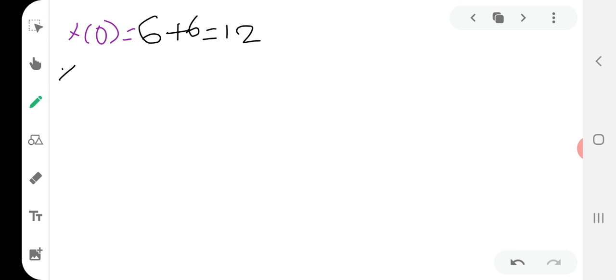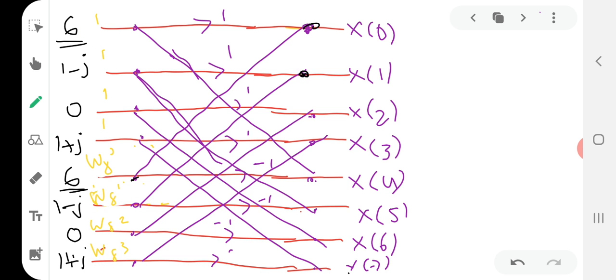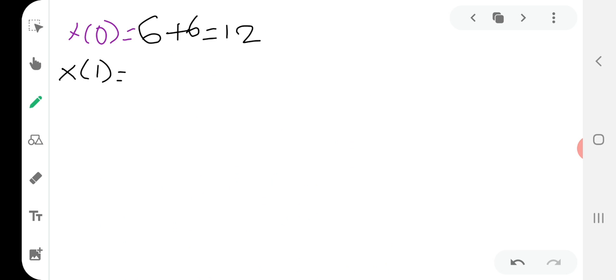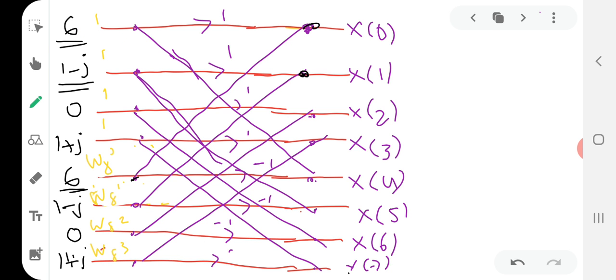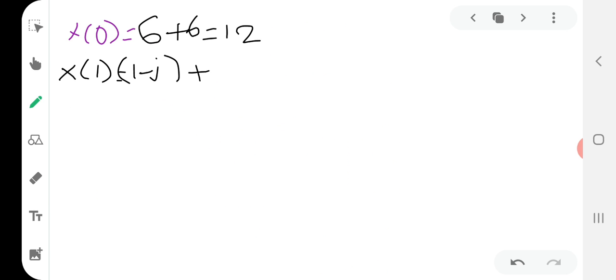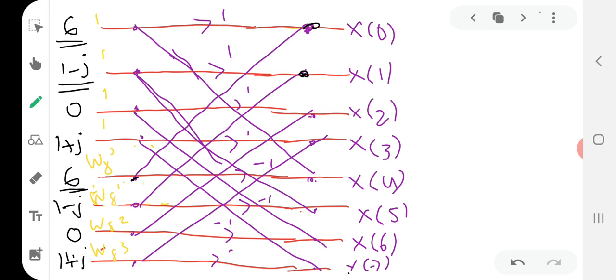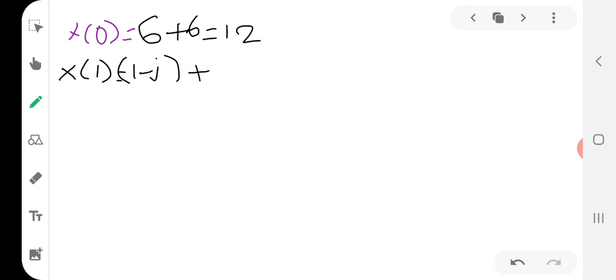Okay, and then next, what is x of 1? In this diagram you can see x of 1 is at this point. Here the value will be 1 minus j into 1, plus the next point will be 1 minus j into W8 raised to 1.